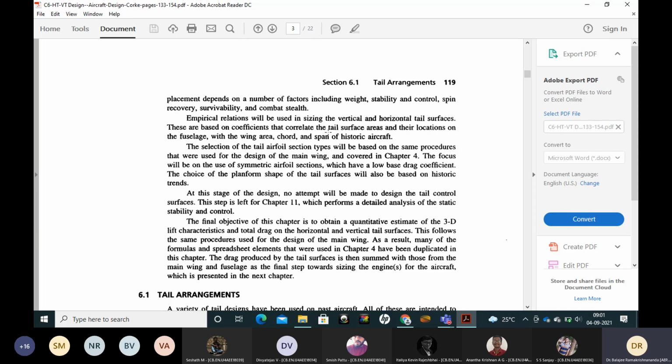So when new aircraft emerge, obviously the historical data will change a little bit. Whatever we are using is probably 25, 30 years old. Someone should make some more attempt to get hold of the new data and see whether this is refined. Okay, that will be a good project to work on, but not now.